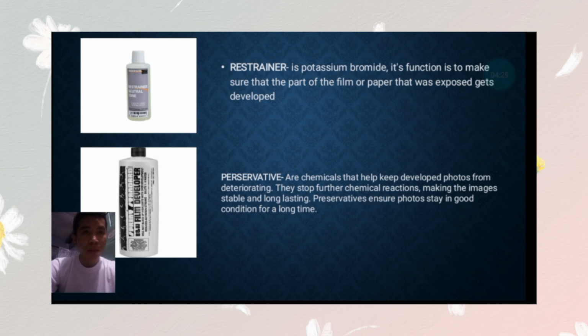And then si restrainer kay it is a potassium bromide. Its function is to make sure that the part of the film or paper that was exposed gets developed. So ang pagka-develop sa isa ka picture, kung dili siya pantay, halimbawa, ang left side sa isa ka picture kay hayag, and then ang right side kay ngit-ngit.